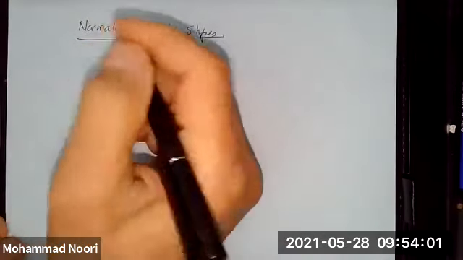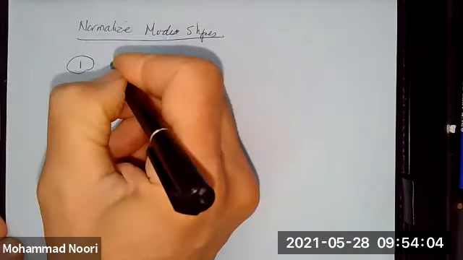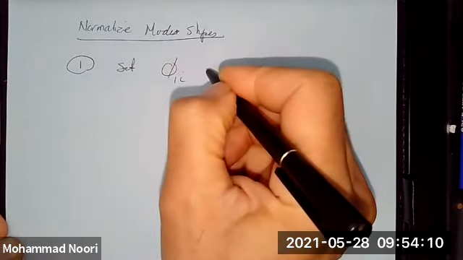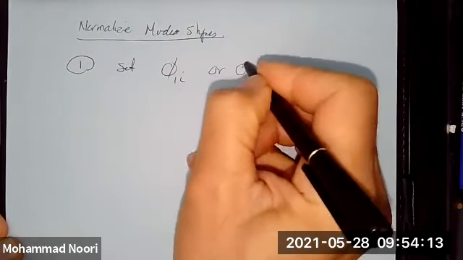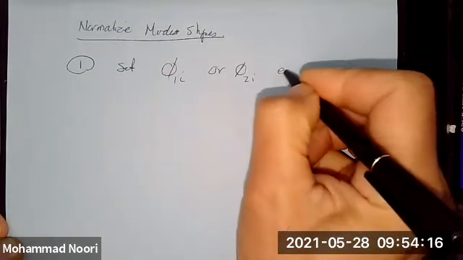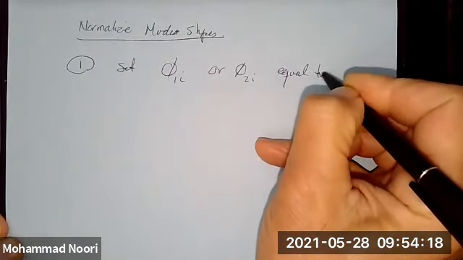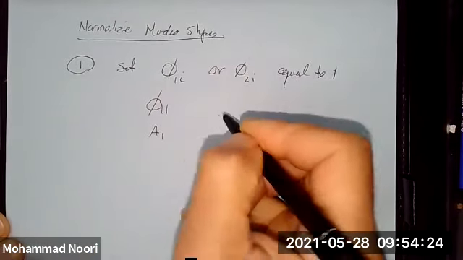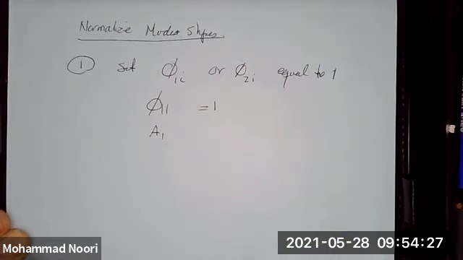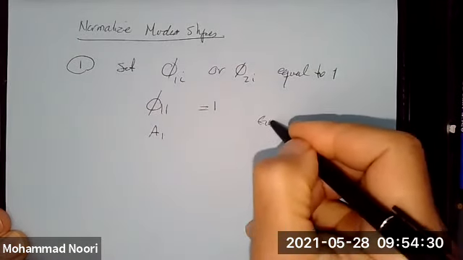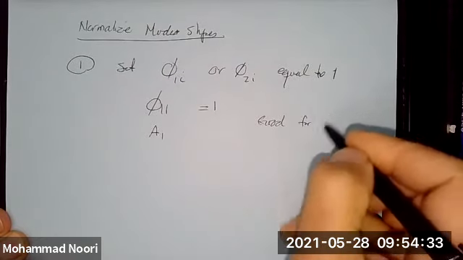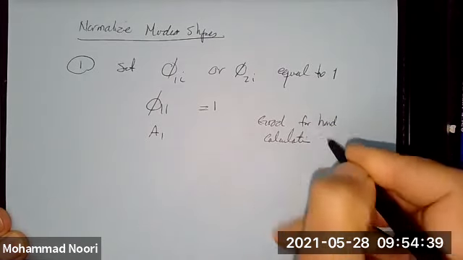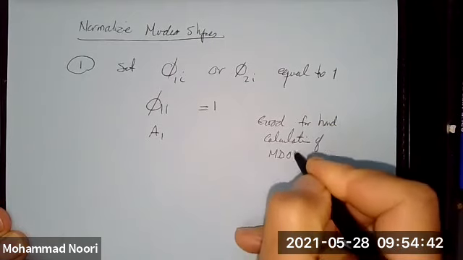One way of doing it was we set phi 1i or phi 2i equal to 1. That's what we did. We set phi 1 or A1 equal to 1 in the problem we did. This is a very good approach for hand calculation of multi-degree of freedom problems.